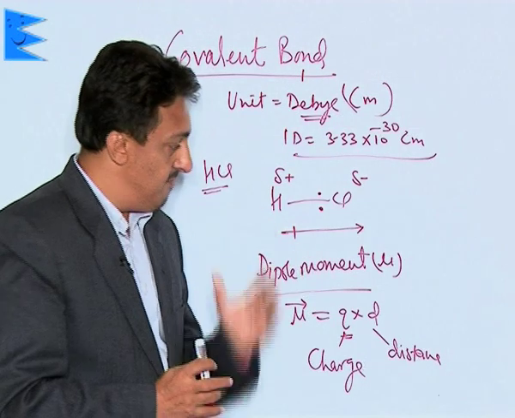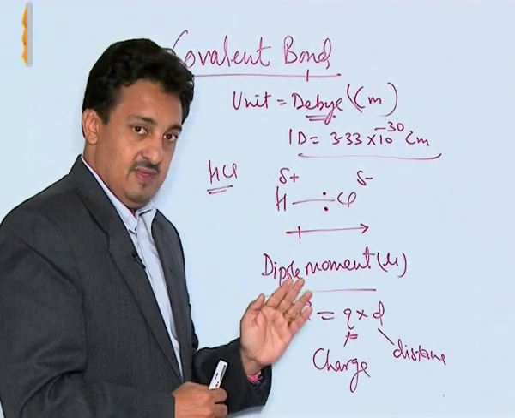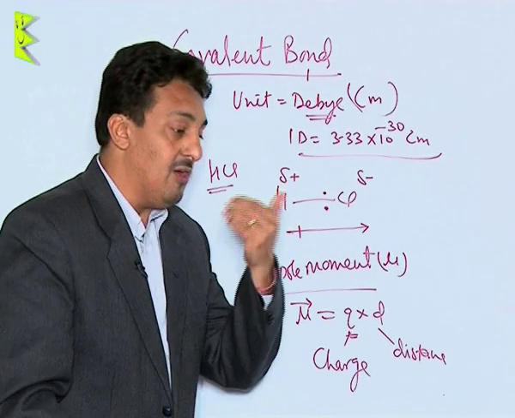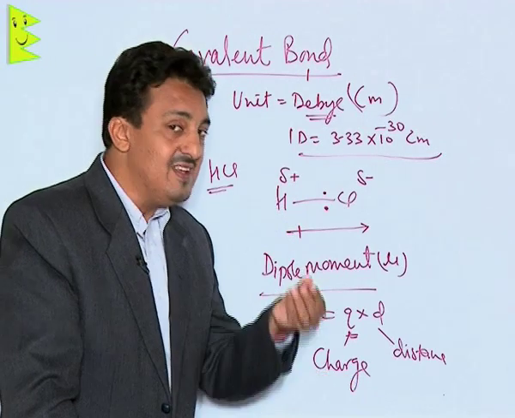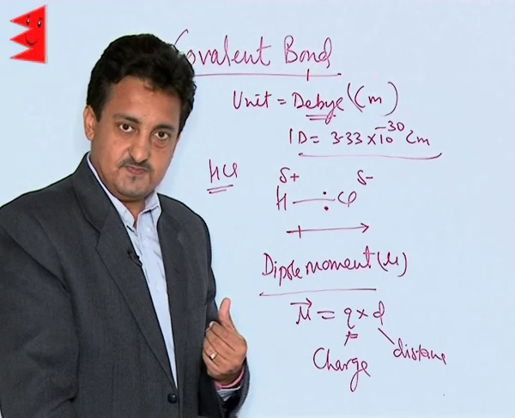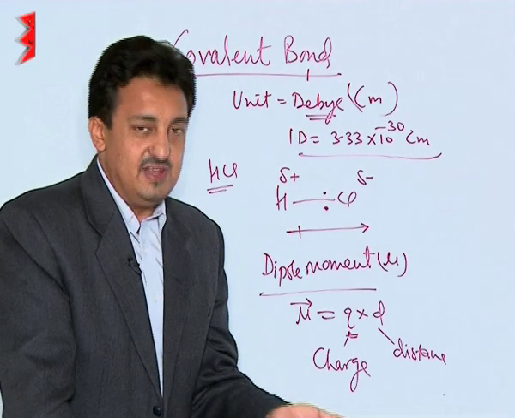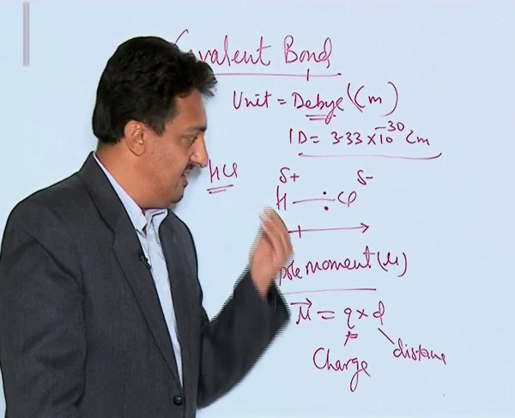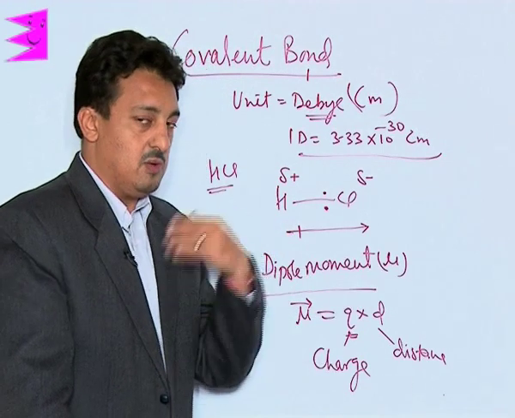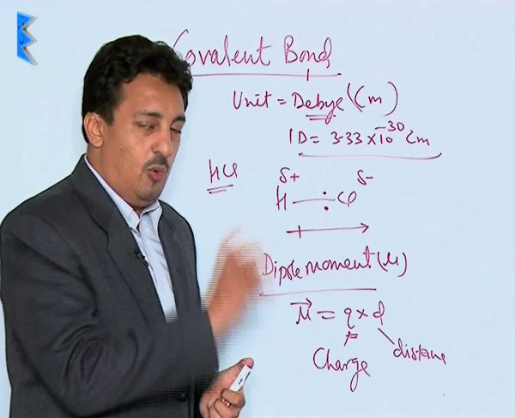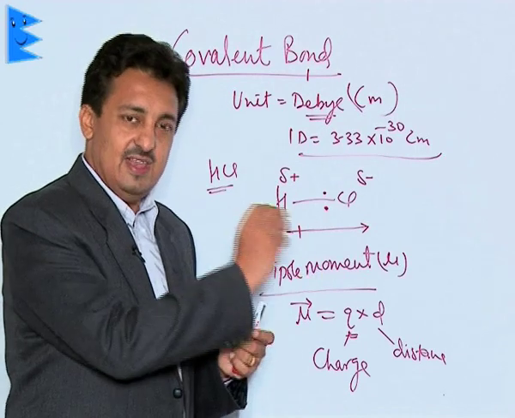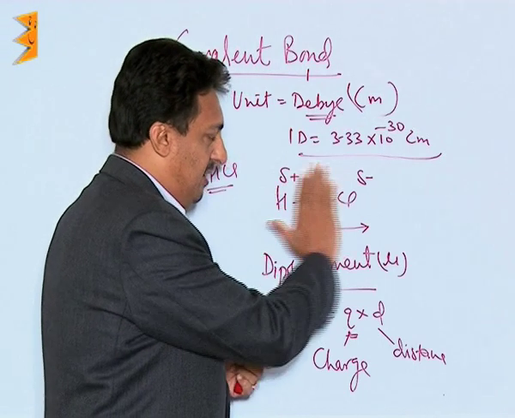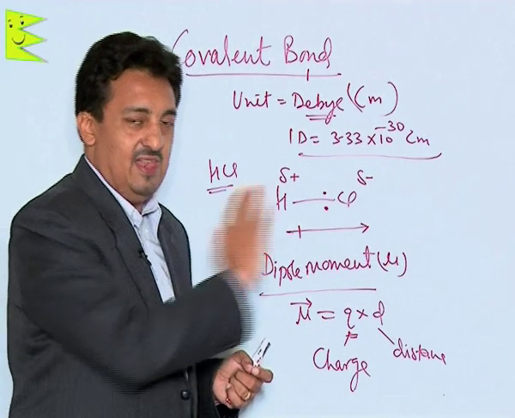Another important thing: this polar character, the tendency of not mutual sharing of the electron, can also be called percentage ionic character, because in ionic bonding the transferring takes place. Though this is not a complete transferring, some sort of transferring is there. So every covalent bond has some sort of ionic character, and this moving of the shared pair of electrons towards one of the atoms is an ionic character.